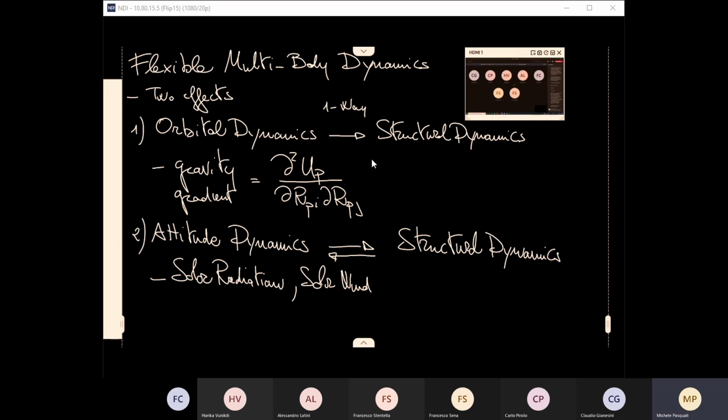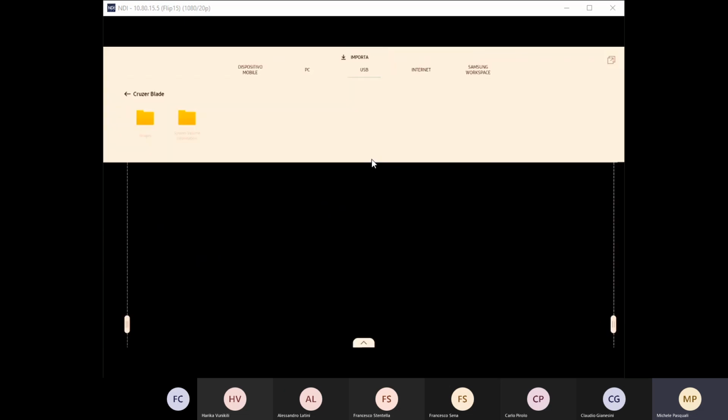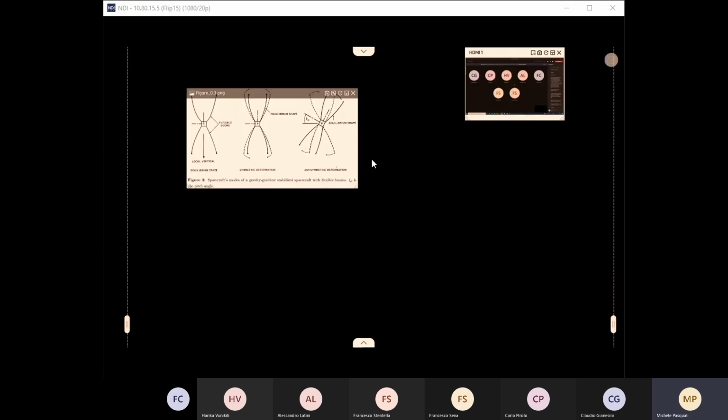For example, take into account a spacecraft with several booms. Let's say that if you have an eigenmode that is symmetric, let's make a drawing. There you go.